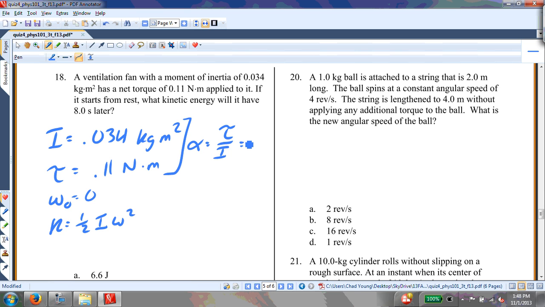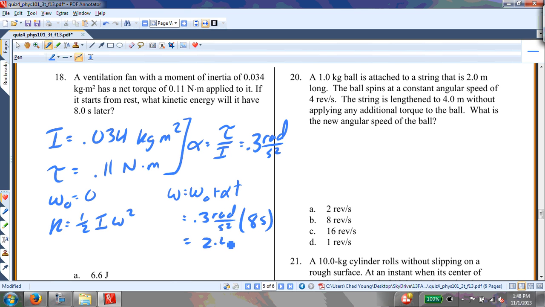Using those values, I get 0.3. And then I can find omega. I need 2.4 radians per second.